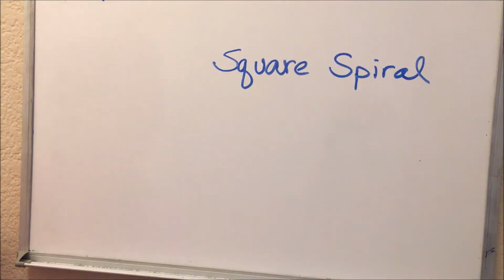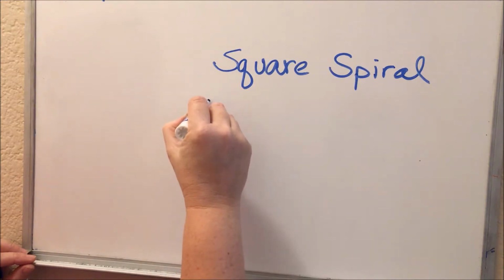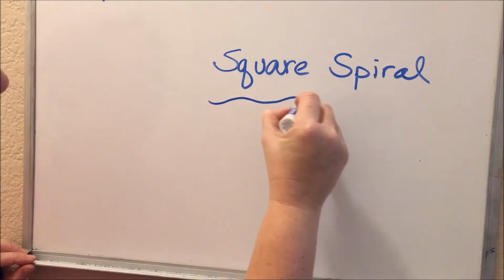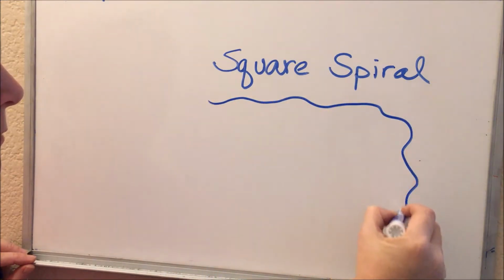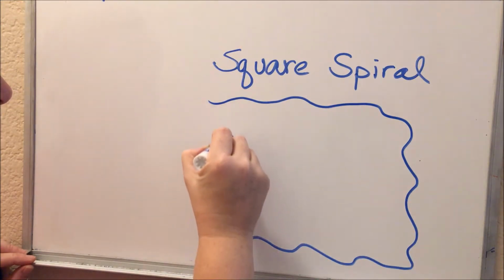To break up the space in this log cabin quilt, I used a square spiral in every other row. So I would do one row of flowers and then one row of spiral designs. So I would just come in to my block and travel along the edge.